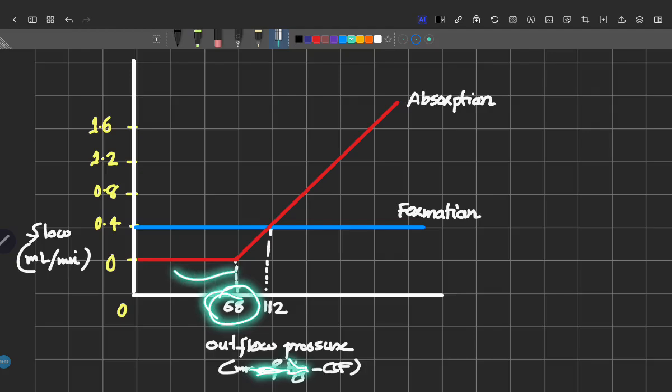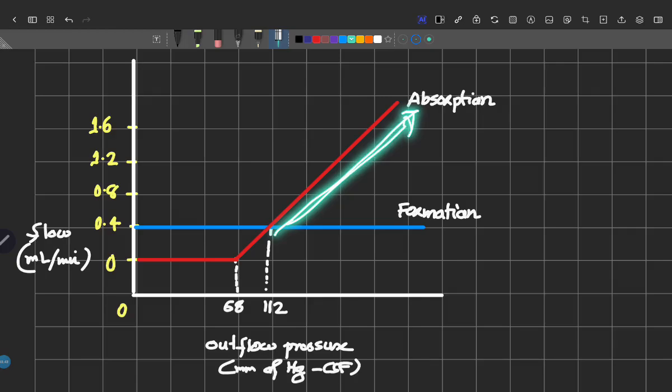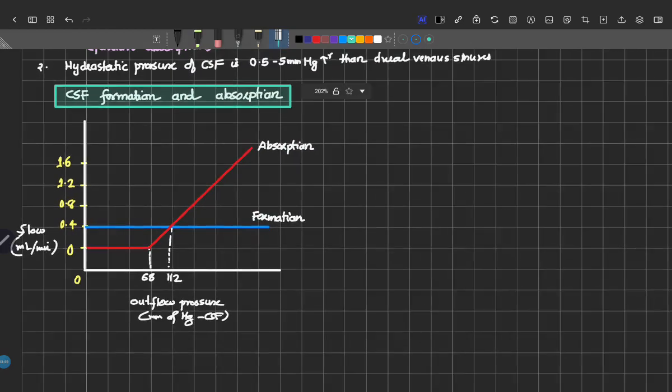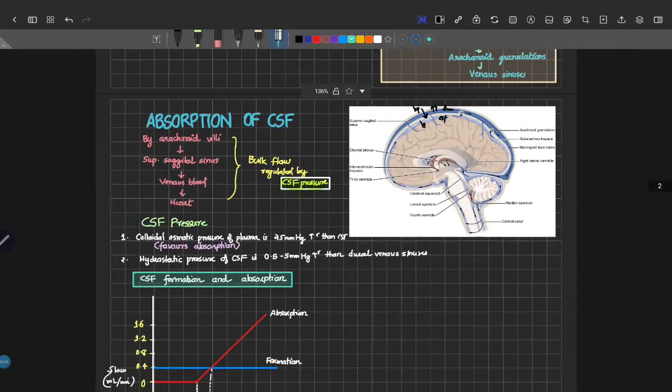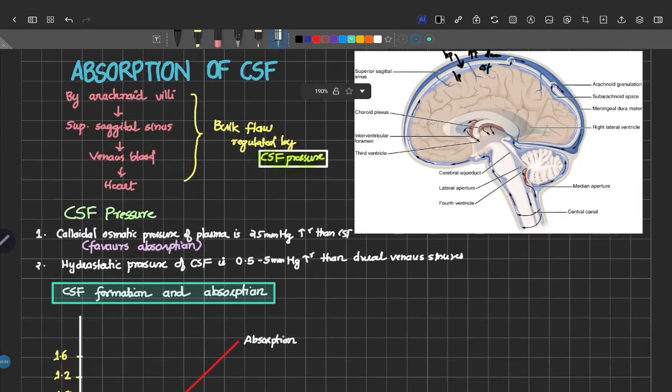After that, when it is raised up to 112 millimeters of mercury, you can see that the absorption shoots up. This is the CSF formation and absorption graph, and that concludes my topic about absorption of CSF. Thank you.